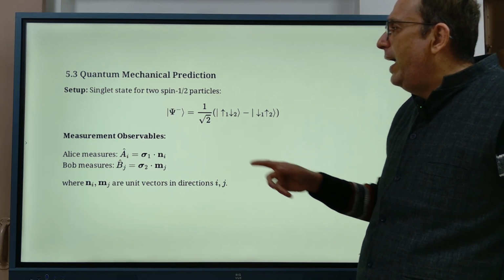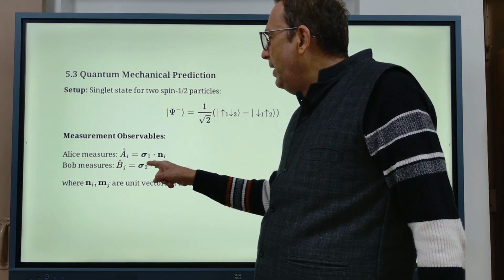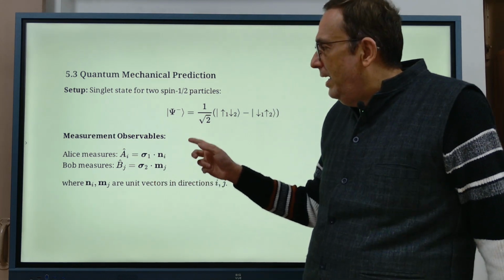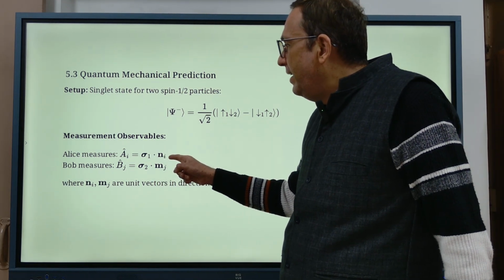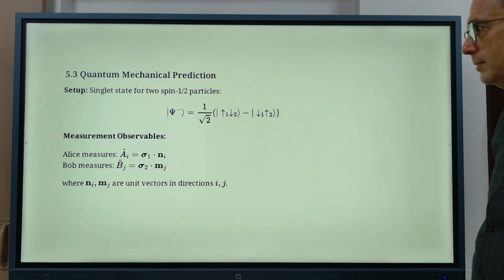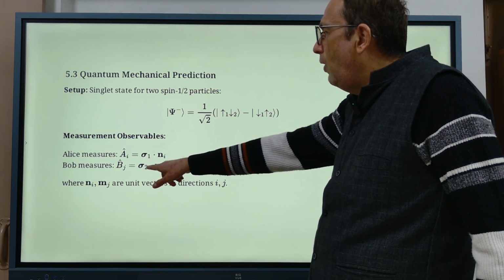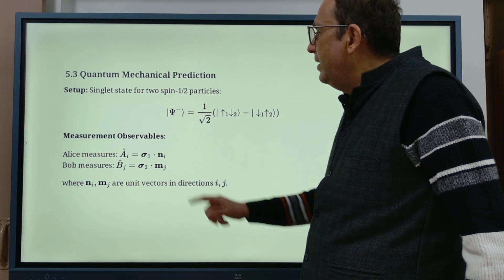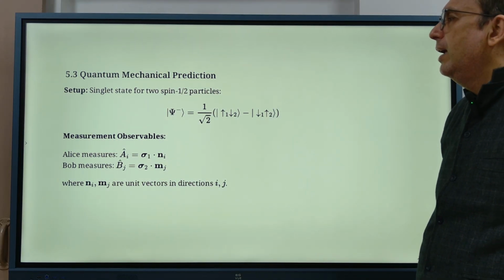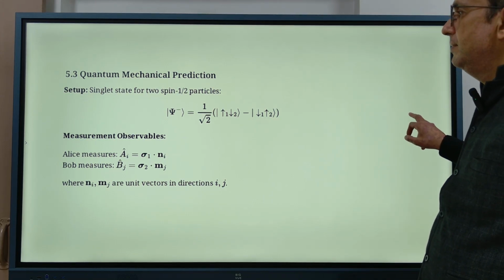Then Alice's measurement Ai is the measurement of spin 1 of the first particle in the ni direction, and Bob measures Bj, spin 2 of the second particle, in the direction mj. So mj and ni are the unit vectors in directions i and j.